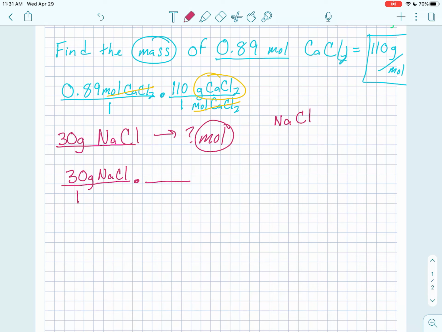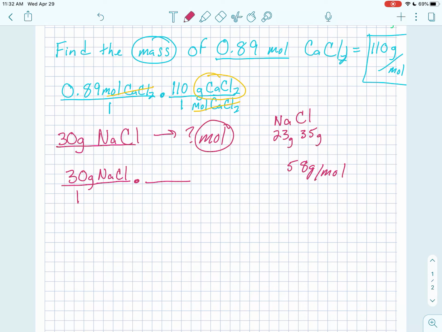So sodium chloride, I know that sodium is 23. I know that chlorine is 35. 23 and 35. So that's going to give me 58 grams per mole.